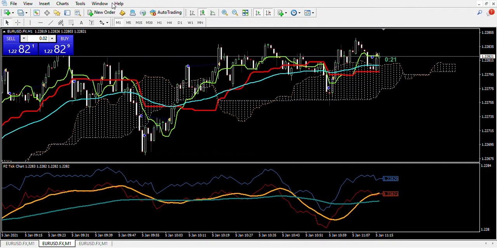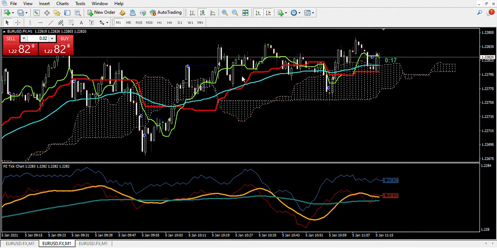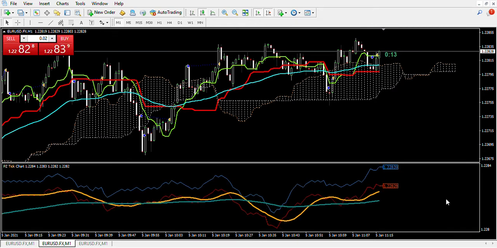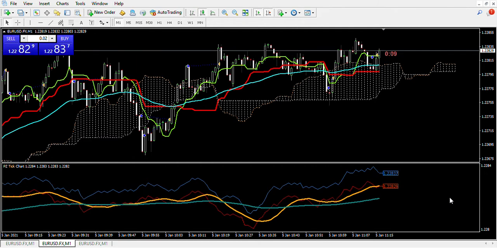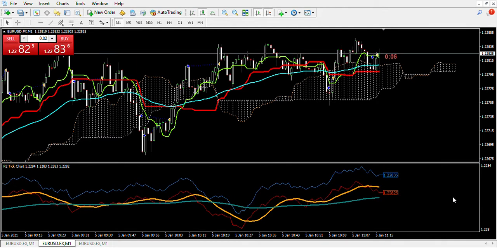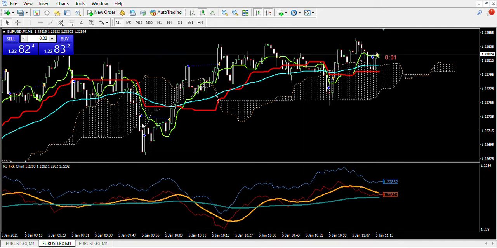Yeah, good morning. Here it's 6:16 a.m. on Tuesday, January the 5th, and we're just looking to scalp the Euro US dollar. See how things go here.